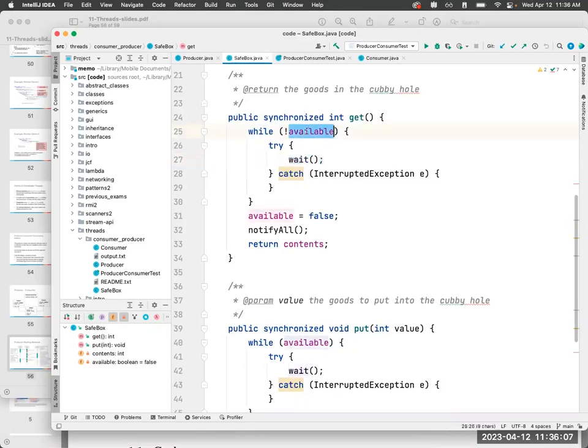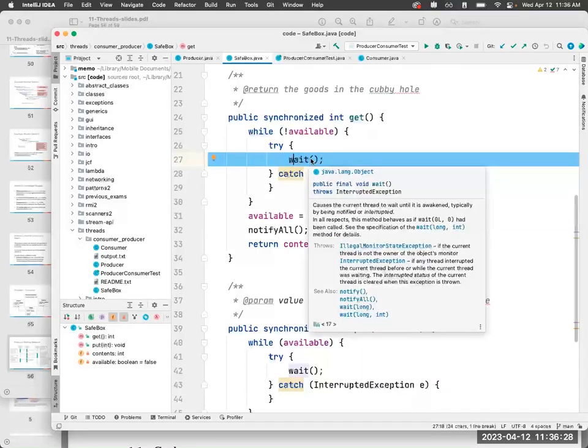This state is telling me if I am able to do what I'm trying to do or not. So by checking that state, I am able to identify if I should be put in a wait state or not. If I am put in a wait state, this currently running thread would be paused, and then it would need to receive a notify from some other thread before it can continue. Okay?